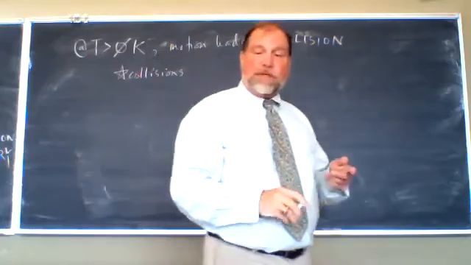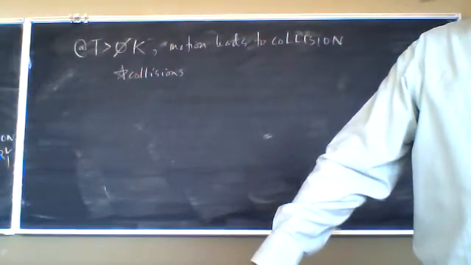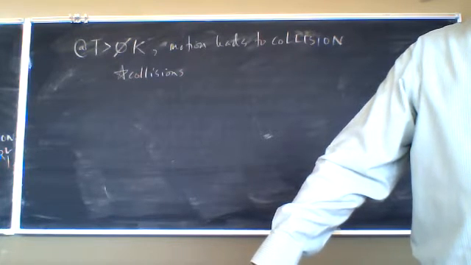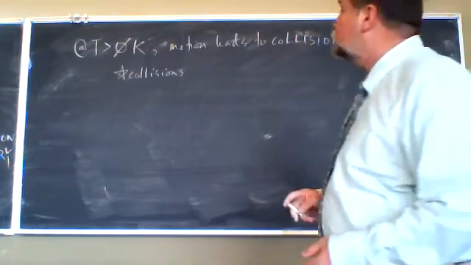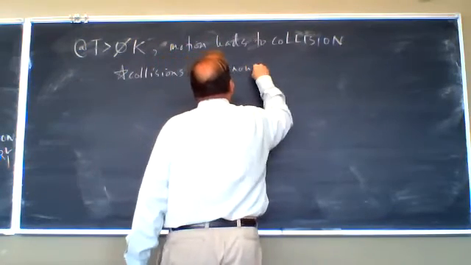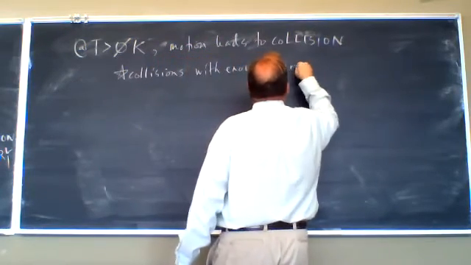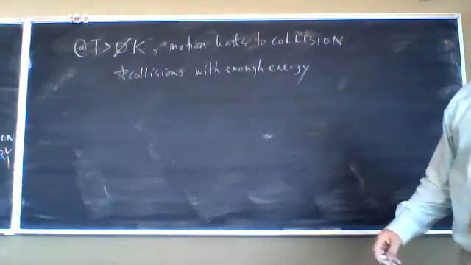And so the collisions themselves have to have enough energy to break the bonds that are holding the reactants together, but it can't be so much energy that the atoms would bounce off of each other before new bonds could begin to form that will eventually become the products. So collisions with enough energy to break the bonds of the reactants.